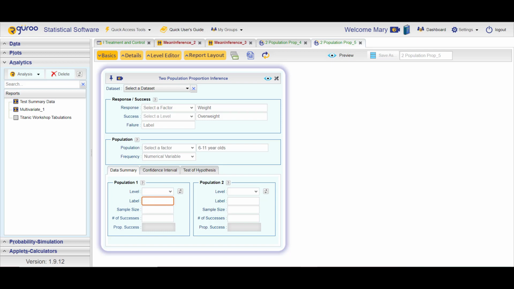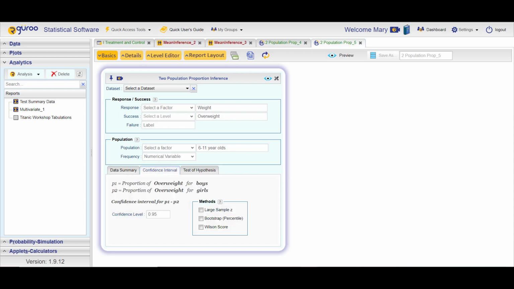And the first sample is boys, and the second sample is girls. So sample size for boys, 546, 87 were a success. Sample size for girls, 508, 74 of those were overweight, so a success.